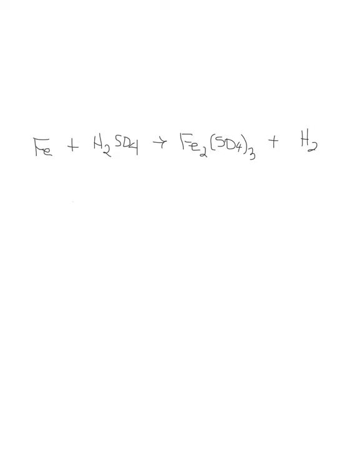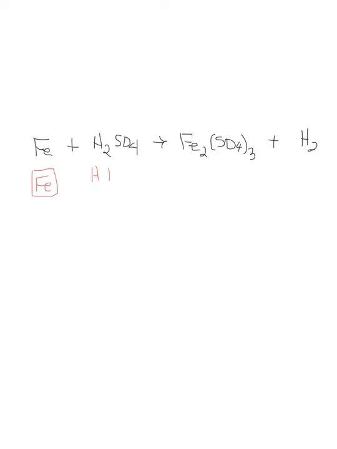Okay, so I'm going to start off with iron, and I have one. I'll make one box with iron. Then I have 2 hydrogen. I'm going to go ahead and separate those out.